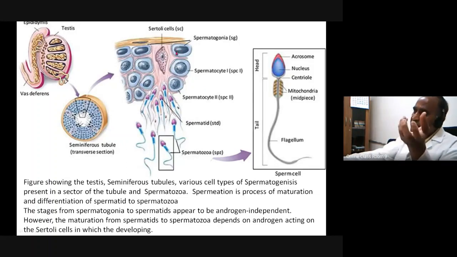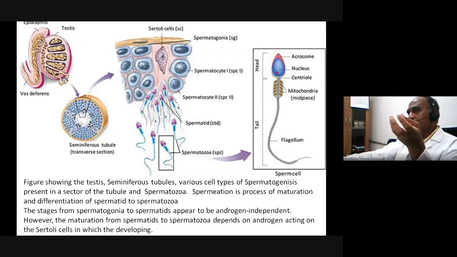They are almost embedded in, or embraced by, the Sertoli cells. You can see the cytoplasmic projections of the Sertoli cells holding them, and even the spermatozoa are within the Sertoli cells.